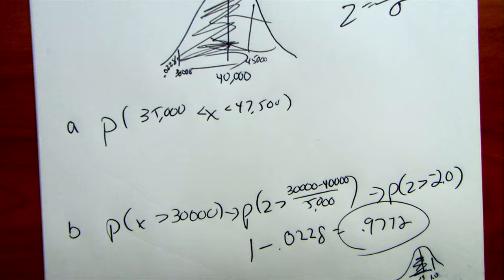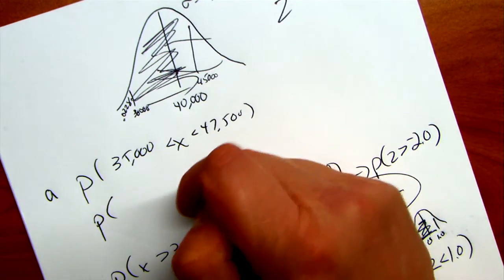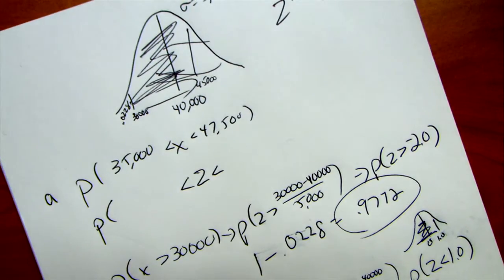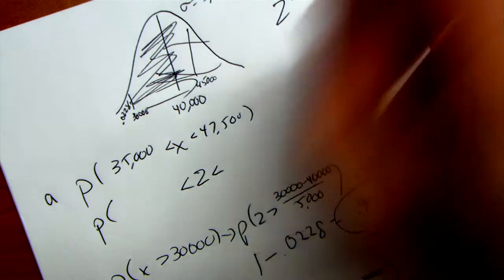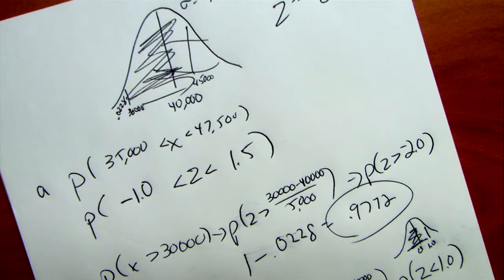A says, what's the odds that it's between 47.5 and 35,000? Well, if I convert both of those to a z-value, I get z is between negative 1.0 and positive 1.5. Which is what we did earlier, right?